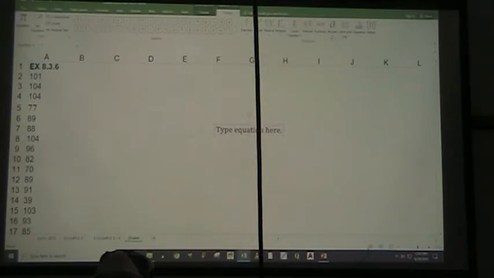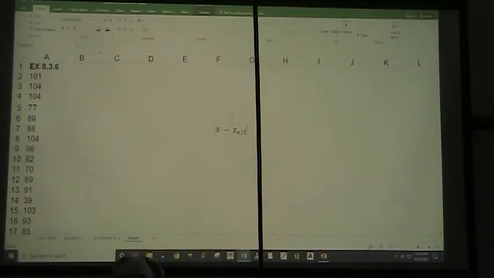And our equation, we start with x bar minus z alpha divided by 2, and we want the fraction.